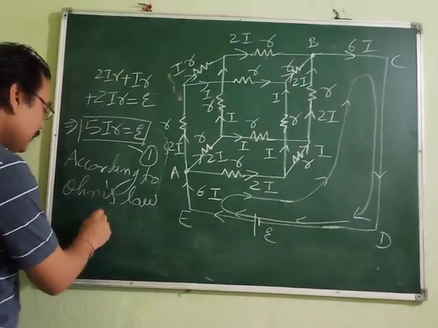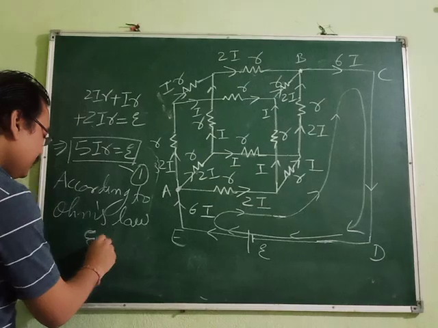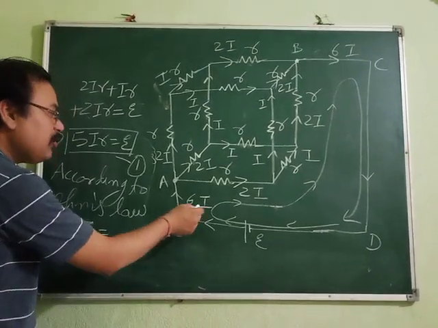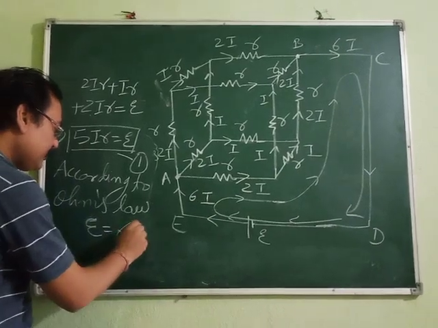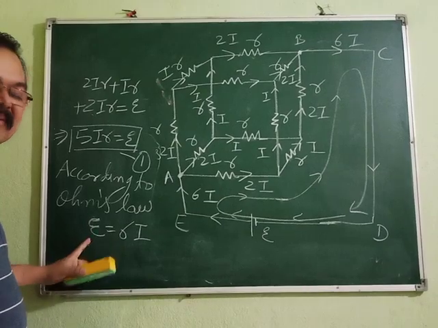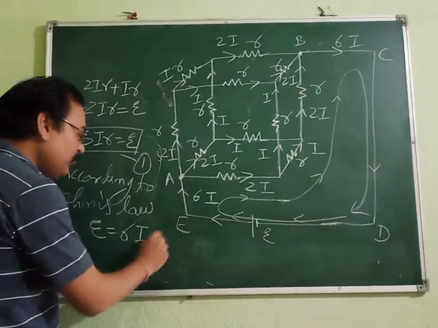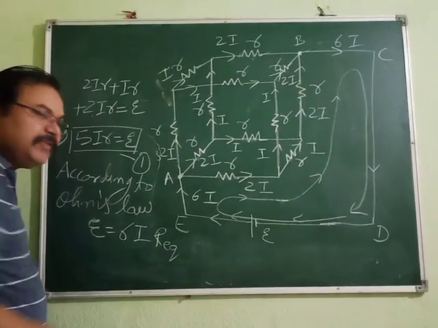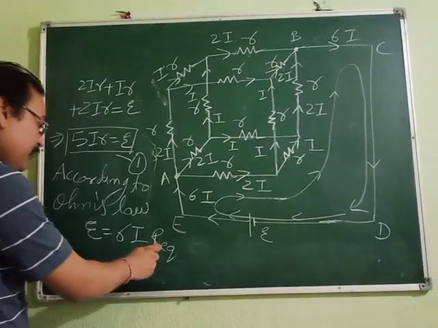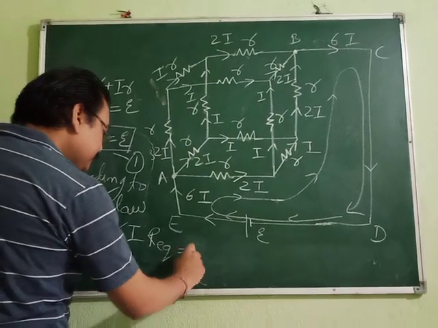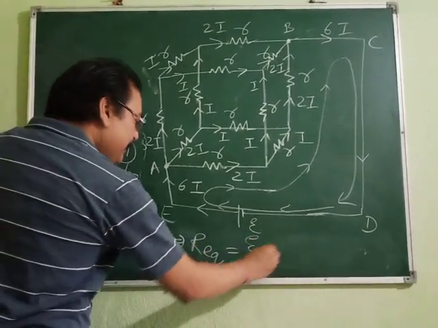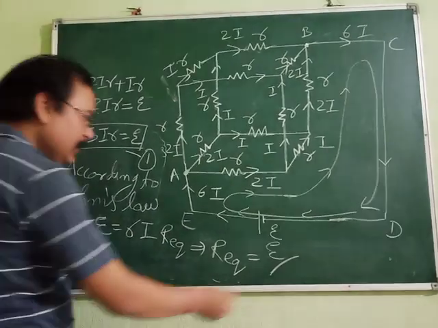So what can we write? The EMF applied, V, is equal to IR. Let the total current be 6i. The total potential difference applied is E, that is the EMF. And what is the total resistance? We don't know R equivalent; we have to find it out. Now from here, can we find R equivalent? Let's see. R equivalent is E upon 6i.